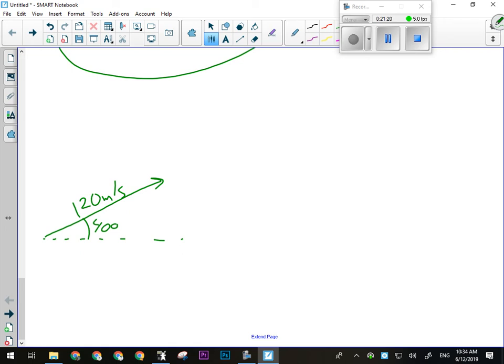All right, so I have an object that's moving, or that's being fired at 120 meters per second, 40 degrees above the horizontal, and I want to know how far horizontally will it travel and maximum height.